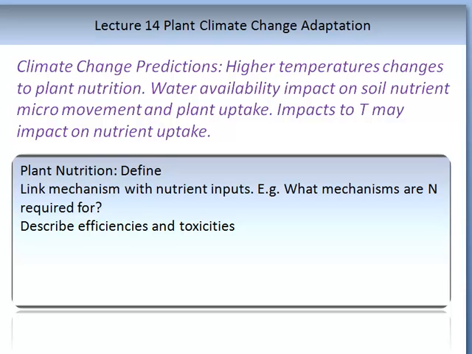It is worth noting that water availability may impact on soil nutrient movement and the plant's ability to take up these nutrients through the roots. Significant impacts to transpiration caused by climate change predictions may also impact on nutrient availability, as the transpirational pool plays an important role.